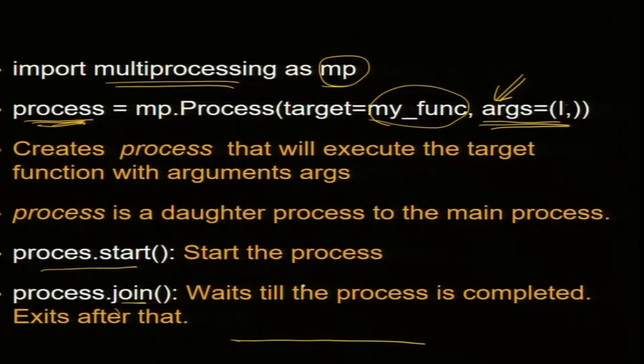What does join mean? This is the main process, and we create a process here, P0. This is a timeline, like in relativity you have a timeline. The timeline keeps going, and the main process is doing its work and this process is doing its work simultaneously. The main process will continue, but this process can end.